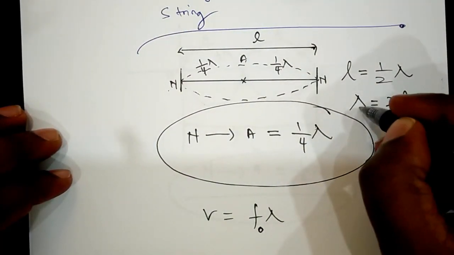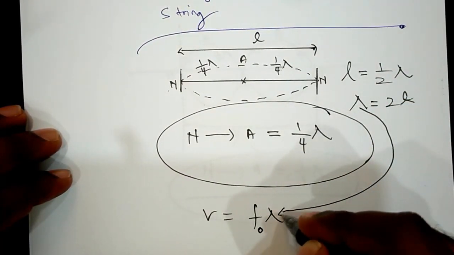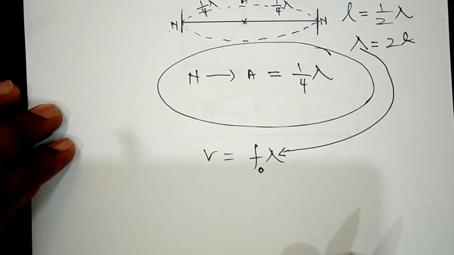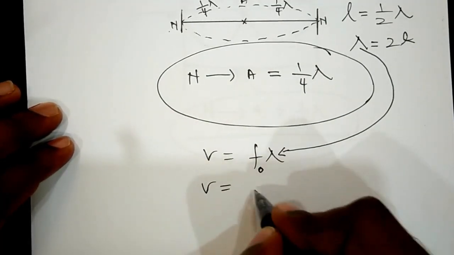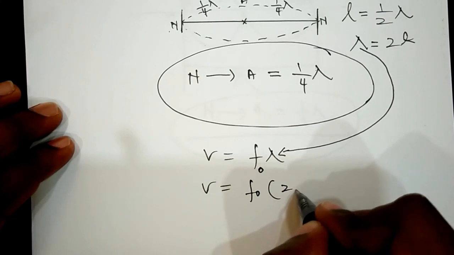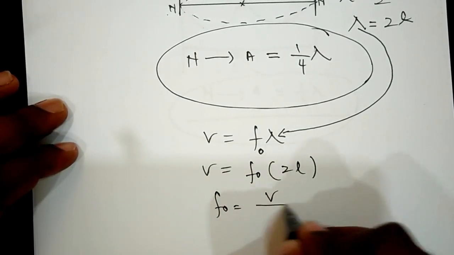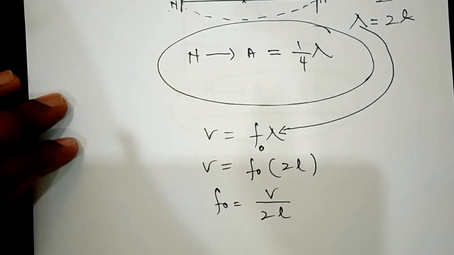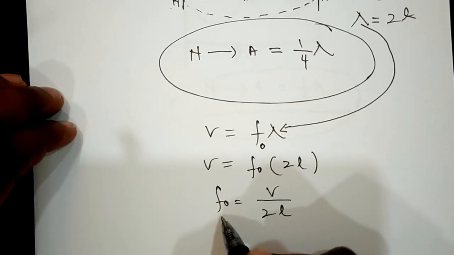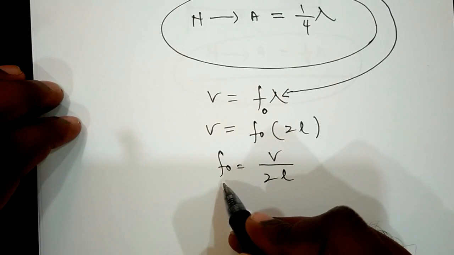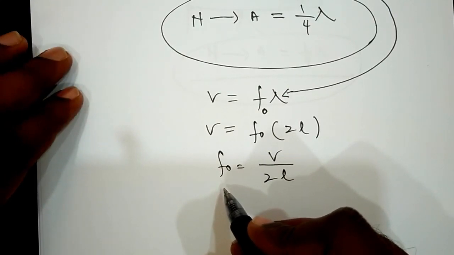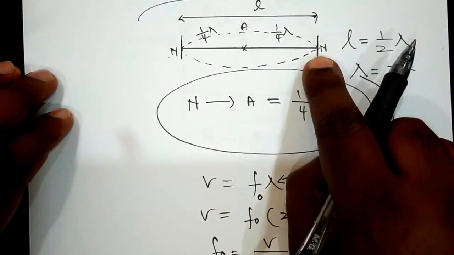So this lambda you can substitute here. So v equals f naught 2L. So f naught equals v over 2L. This is the fundamental frequency or lowest frequency for this stretched string.